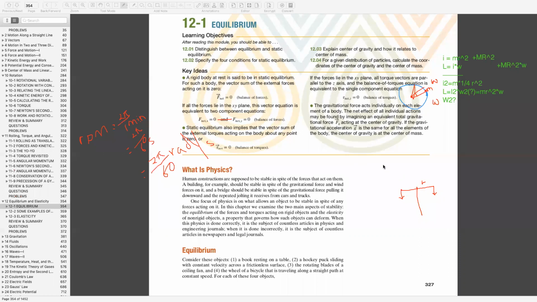Right. You have to find the center of gravity. If this is a rod, and the center of mass is here, then the center of mass means that's where all the weight is pushing down. Yes.